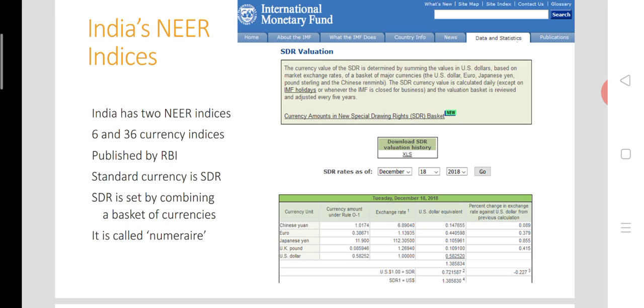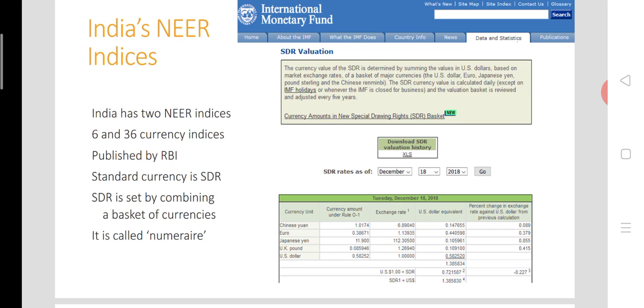And you have to know how SDR valuation is done. Just go to the IMF official website and find out how SDR valuation is done. And for quick understanding, I have listed it on the right side of the screen.